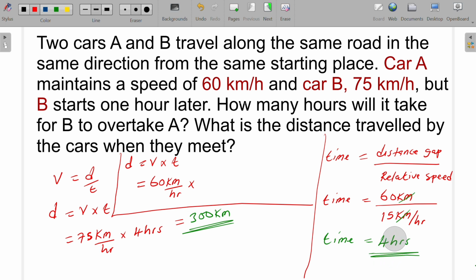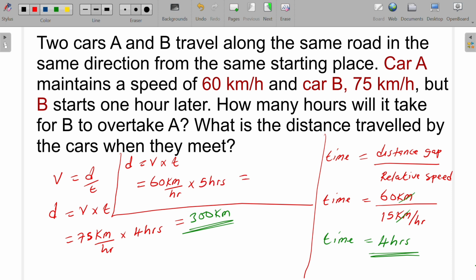But remember, car B started after car A had already covered an hour of time. So by the time car B has covered 4 hours, car A has covered 5 hours, 4 hours plus that hour it covered before B. So the time we're going to use is 5 hours instead of 4 hours in this case.